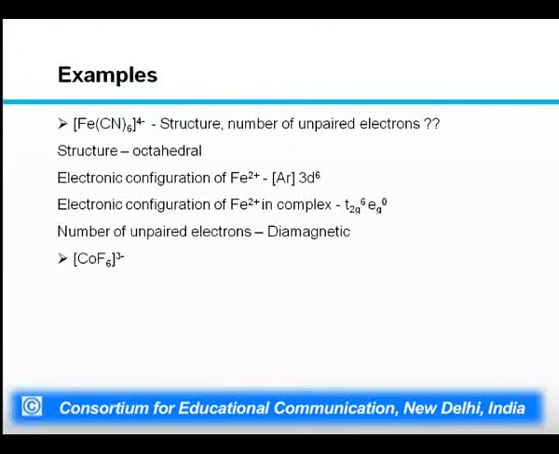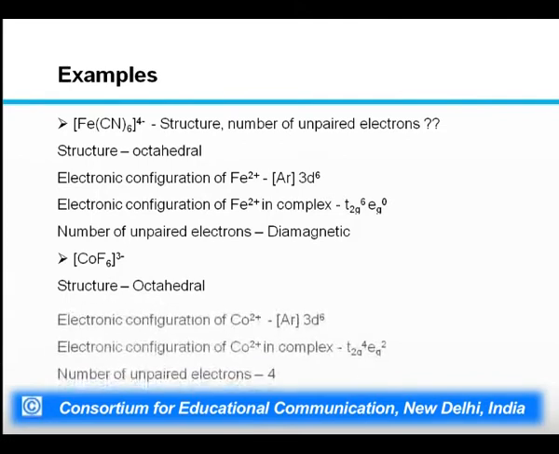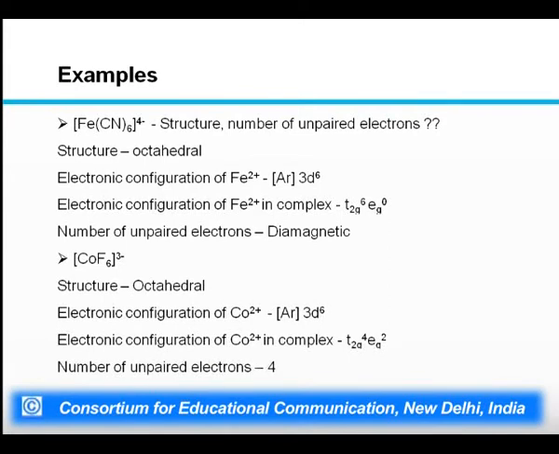Similarly, we can also work out the hexafluoridocobalt complex, and the structure is octahedral since fluoride is a monodentate ligand, and the electronic configuration of cobalt 2+ is t2g5 eg2, as fluoride is a weak field ligand according to the spectrochemical series, giving the number of unpaired electrons as 4.